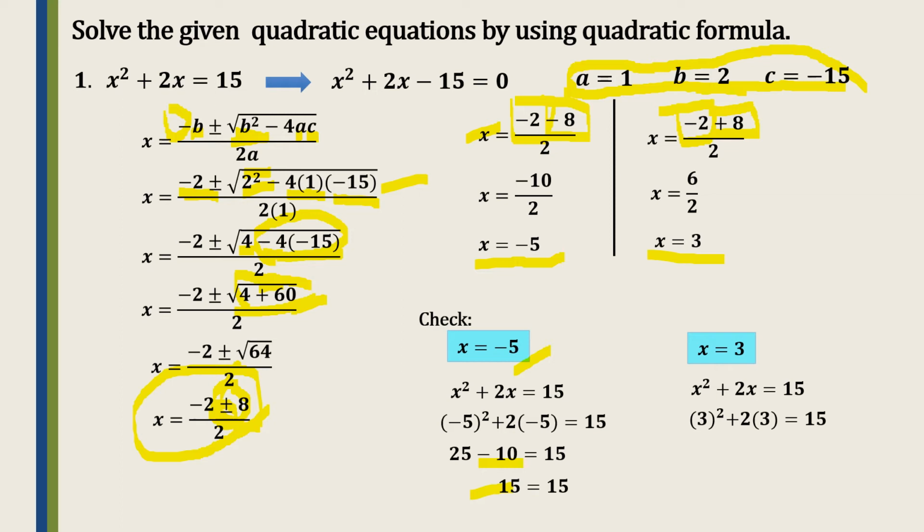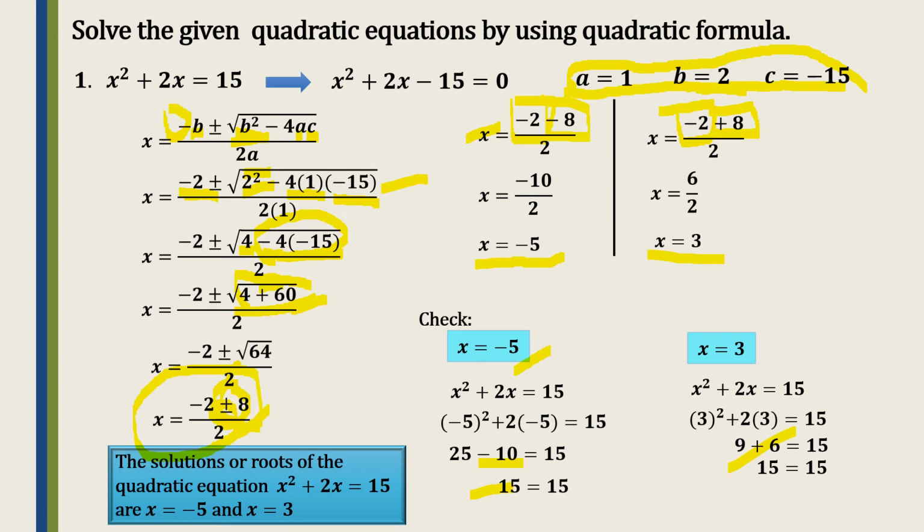Papalitan natin ang x ng 3. Magkakaroon tayo ng 3 squared plus 2 times 3 equals 15. 3 squared, that is equal to 9. 2 times 3, that is equal to 6. So 9 plus 6 equals 15. 15 equals 15.